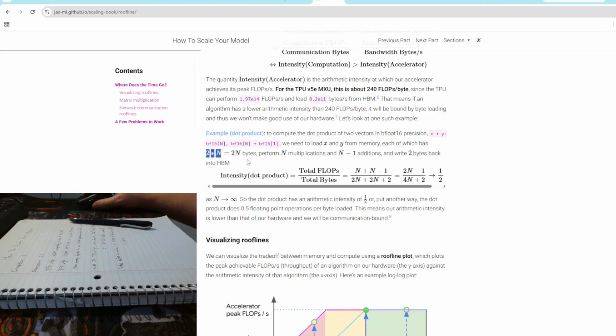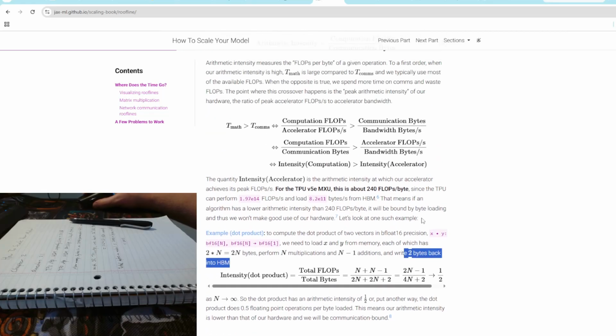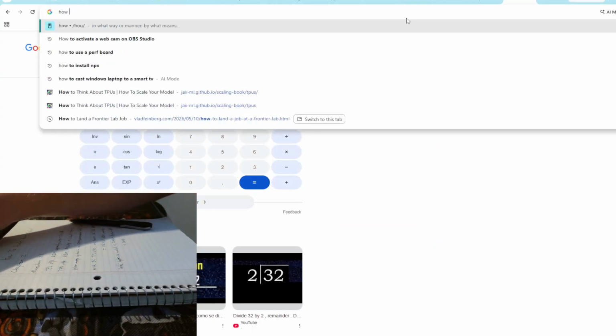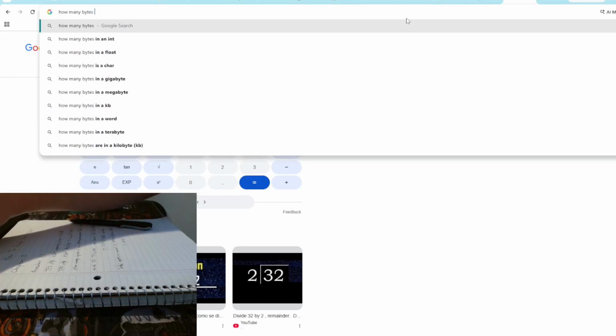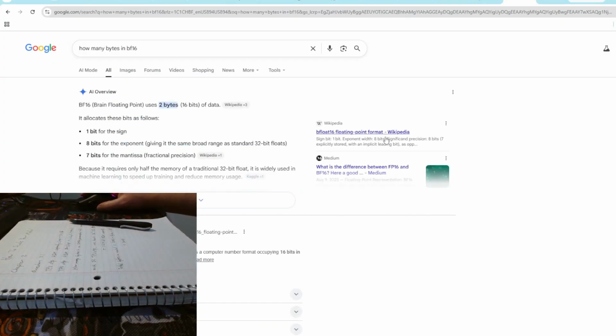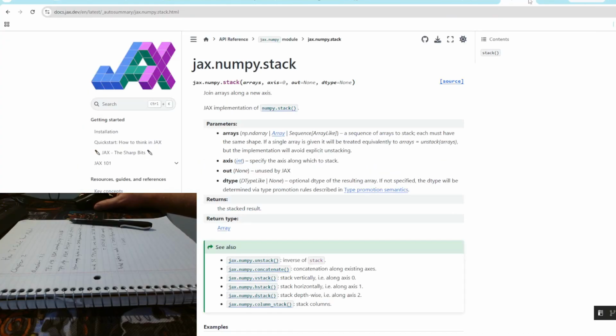Yeah, 2 times n equals 2n bytes, and write 2 bytes back into HBM. We could also just look it up. How many bytes in BF16? 2 bytes. Yeah. Okay, so it should be 2.